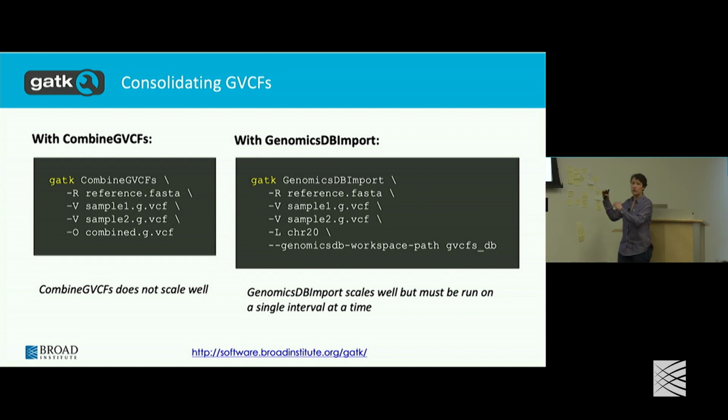And by the way, here we're enumerating the files in the command to illustrate the process, but you can also just give a text file with the paths to all of the files so that it can be just one argument. Because obviously if you've got 10,000, you're going to run into the limit of how many characters you can put in a command line. So you can just provide a text file list if you need to.